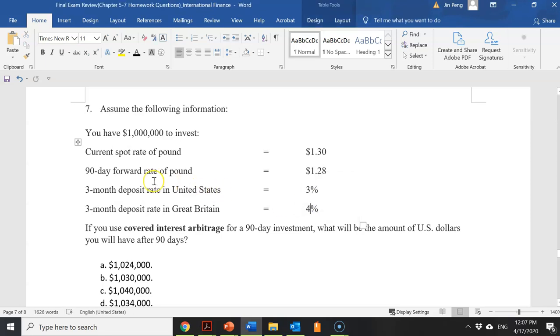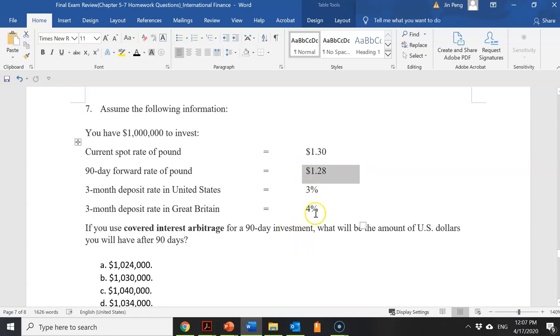And we can at the same time sell a forward contract, so we're locked in this price. So after 90 days when we have the principal and interest taken out in pounds, we can sell them at a locked rate and exchange the pounds back to US dollars.